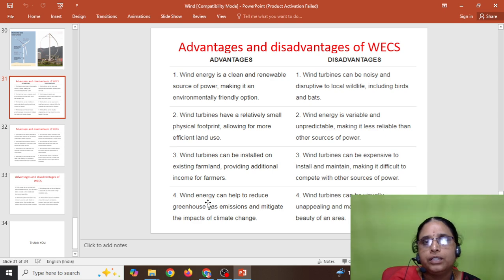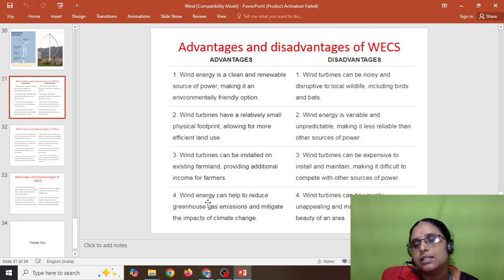The disadvantages of wind energy system: wind turbines can be noisy and disruptive to local wildlife including birds and bats. Wind energy is variable and unpredictable, making it less reliable than other sources of power. Wind turbines can be expensive to install and maintain, making it difficult to compete with other sources of power. As we know, the installation cost of wind turbine is high, but the government provides subsidies for this installation.